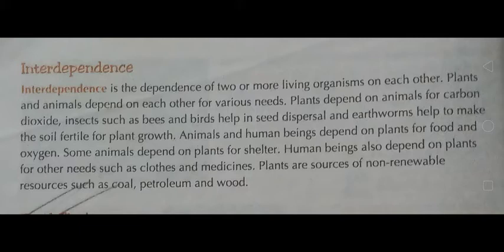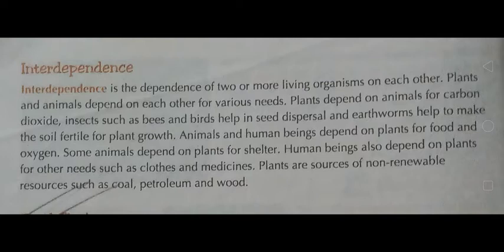Now what is interdependence? Interdependence is all about how all living things are dependent on each other. So let us go through the paragraph and we will understand. In the paragraph it is written that interdependence is the dependence of two or more living organisms on each other. Plants and animals depend on each other for various needs. Plants depend on animals for carbon dioxide.